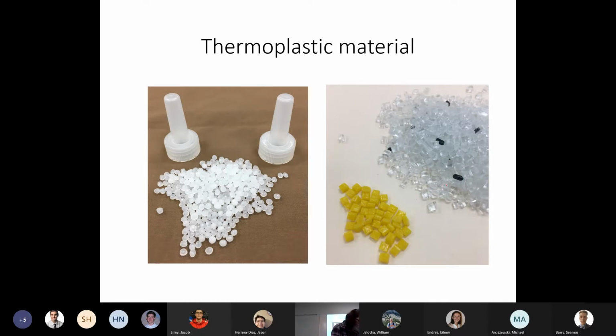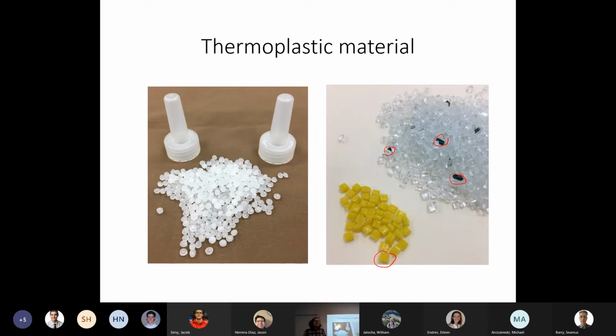What we see over here is this particular material has a nice clear, and here we have some little green pellets that we add, and here are some yellow ones.